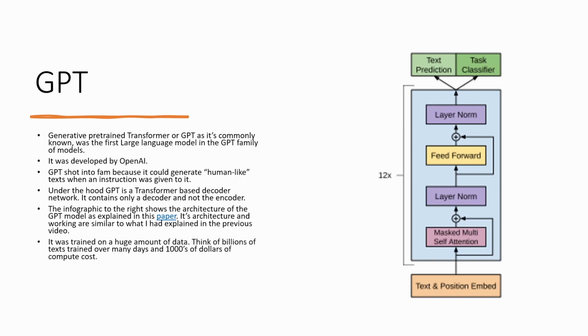GPT was trained on a huge amount of data over many days, and thousands of dollars of GPU hours were invested to make the GPT-1 model so powerful. Due to this huge amount of data, GPT has a very large vocabulary to generate human-like text.